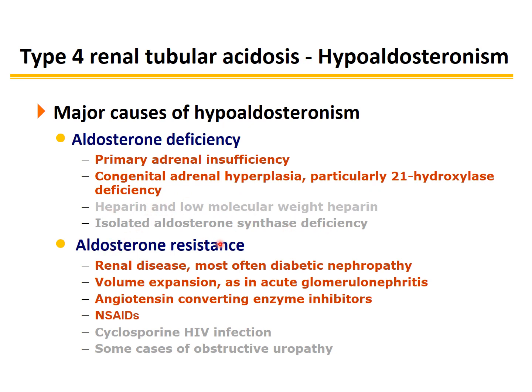Or aldosterone resistance, for example, renal disease where the aldosterone cannot act on the kidney, or volume expansion, as in acute glomerulonephritis, or angiotensin-converting enzyme inhibitors, or NSAIDs. Cyclosporin and obstructive uropathy can also cause this type 4 renal tubular acidosis.